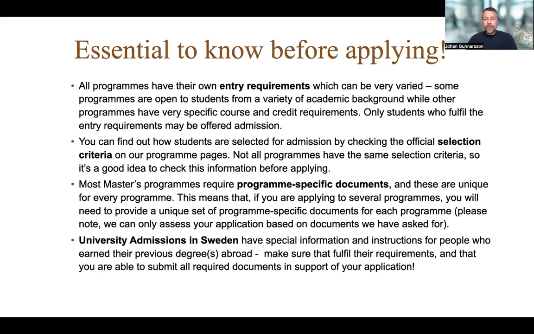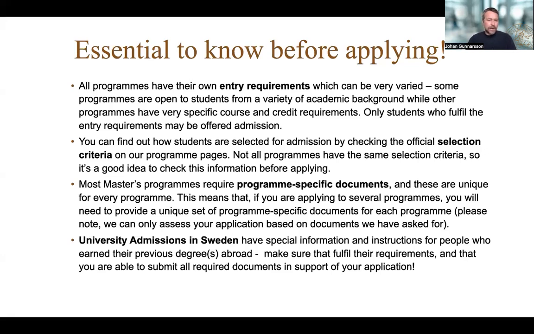Now, also, University Admissions in Sweden, I'm going to tell you a bit more about their role in the admission process, but they do have instructions for students based on previous country of study, basically. So that means that if you studied in a certain country before, they will have special information for you based on that country.